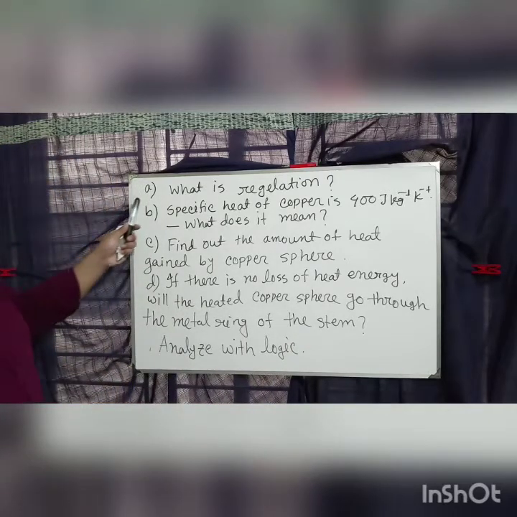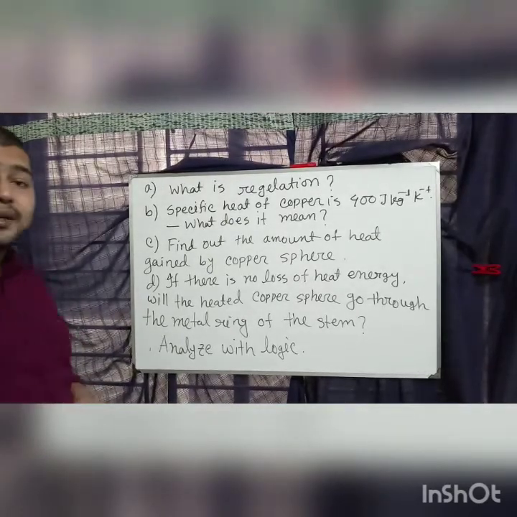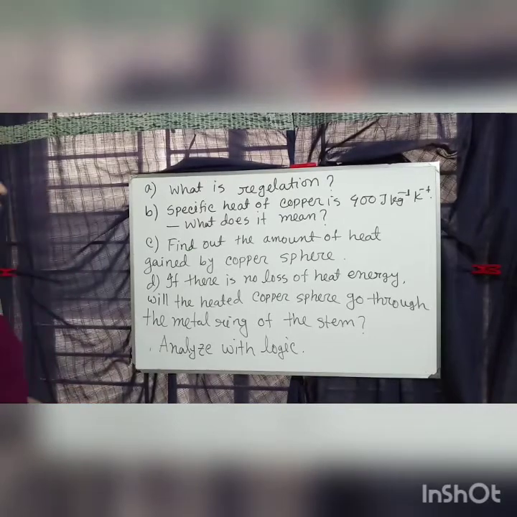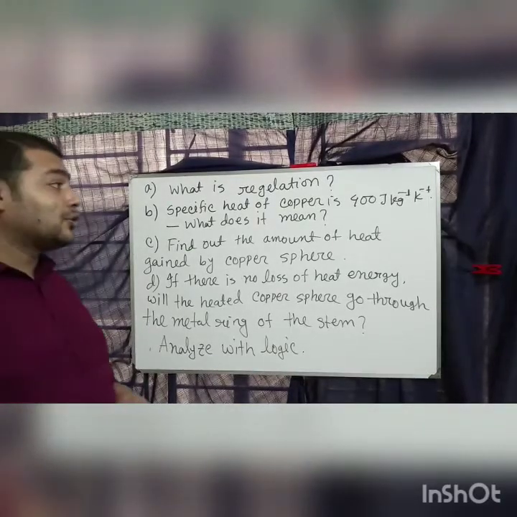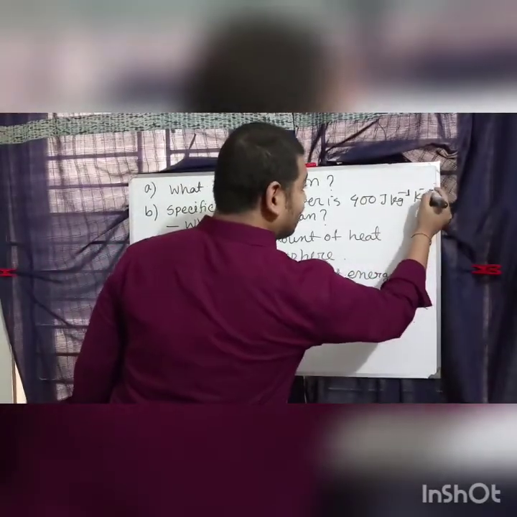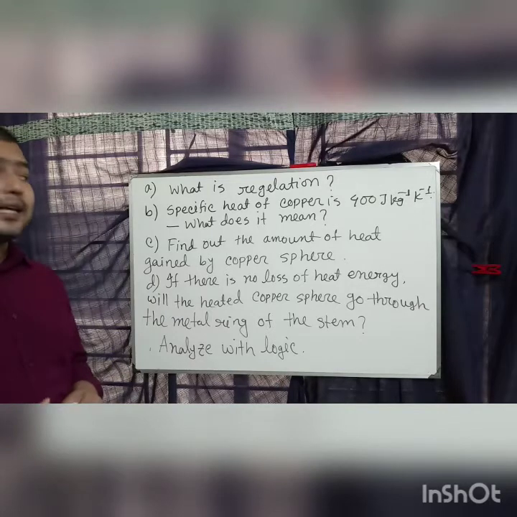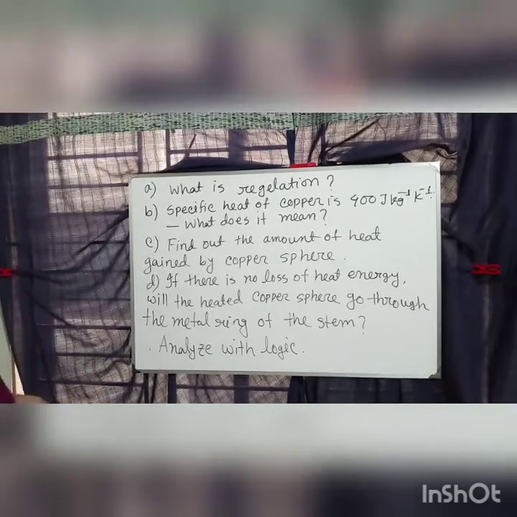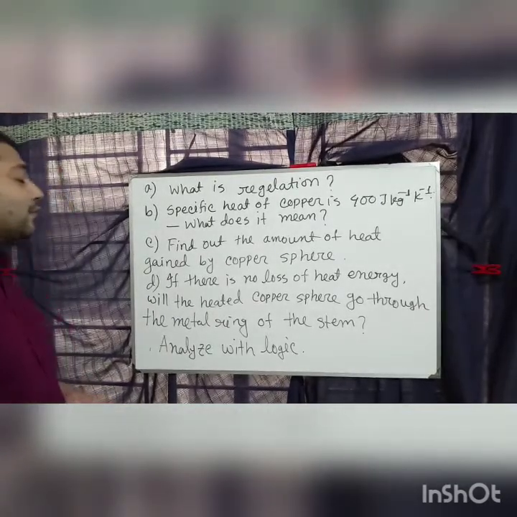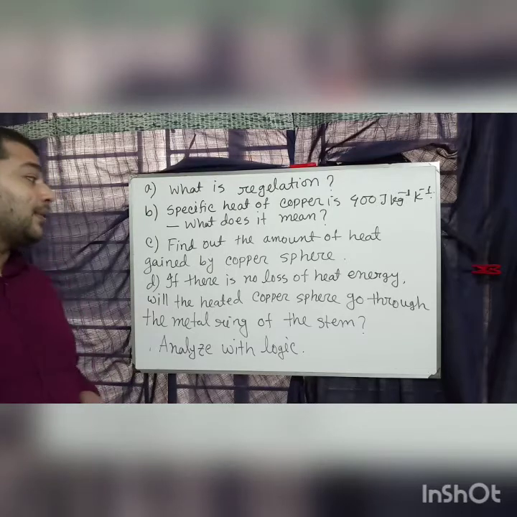Okay. The question number A is, what is regulation? Question number B is, specific heat of copper is 400 joule per kg per Kelvin. From our stem we know that. The question is, what does it mean? Then question number C is, find out the amount of heat gained by copper sphere.